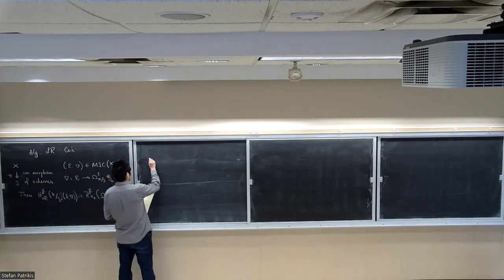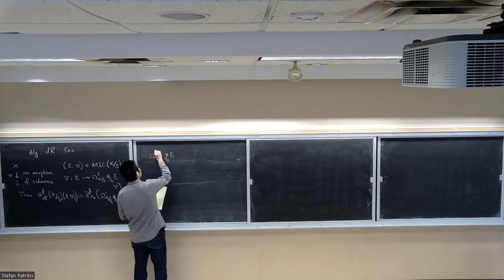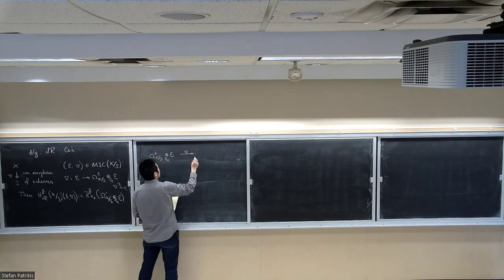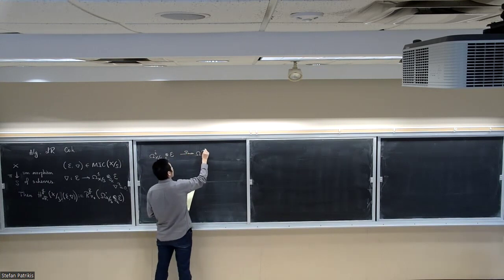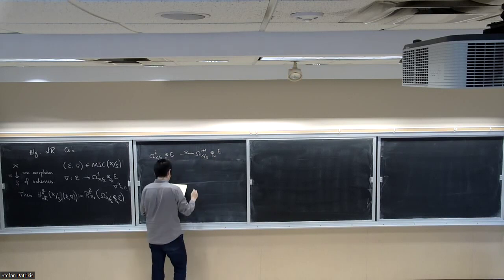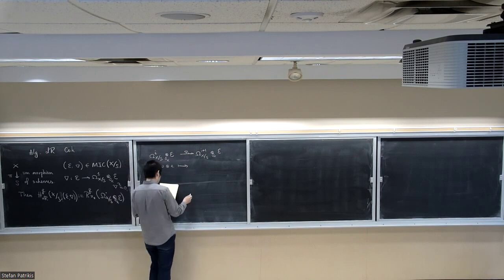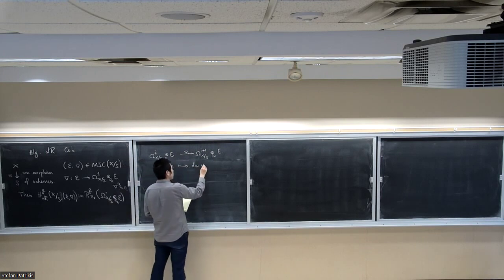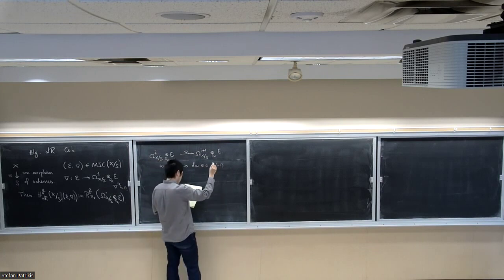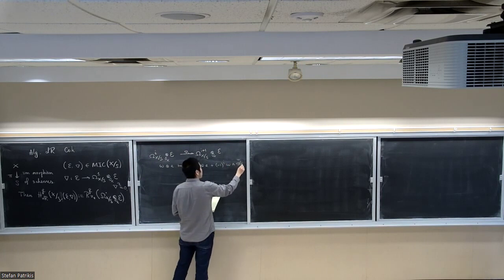This de Rham complex is defined as follows: you send omega tensor E to d omega tensor E plus minus 1 to the i omega wedge.